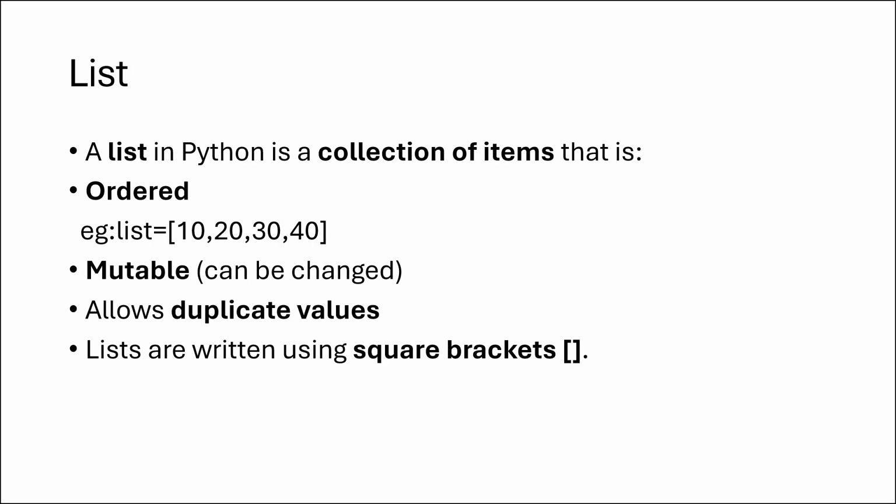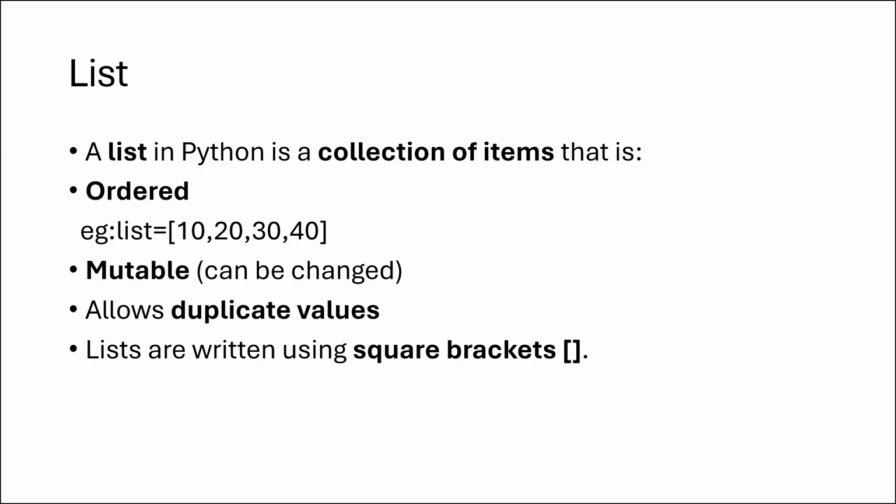In Python, a list is considered a collection of items. It is an inbuilt data type in Python. A list is ordered. Why ordered? For example, please consider the given example in the slide: list equal to, within square brackets, I am inserting 10, 20, 30 and then 40.